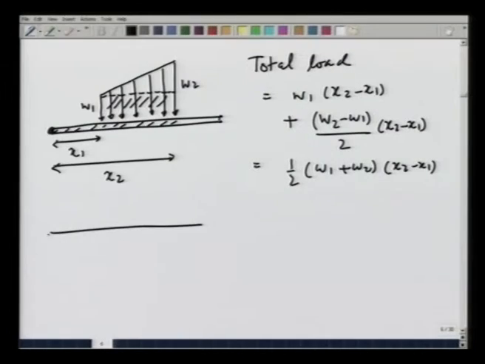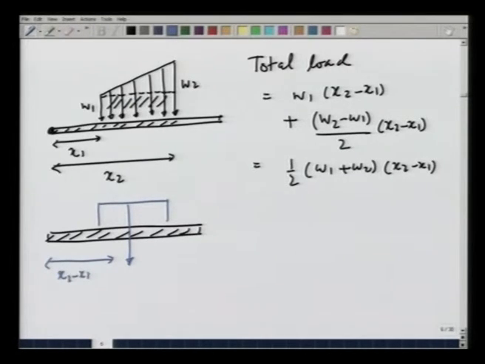To calculate where it acts, I am going to use an observation that we made last time. I know that this rectangular load acts right in the middle at a distance of (x2 plus x1) divided by 2 from this point.